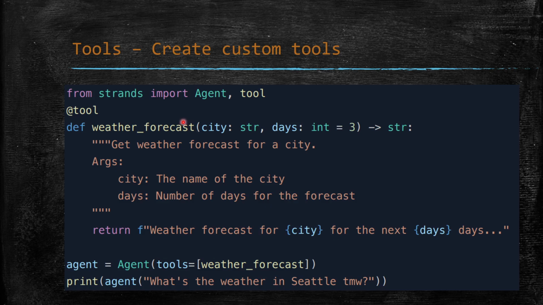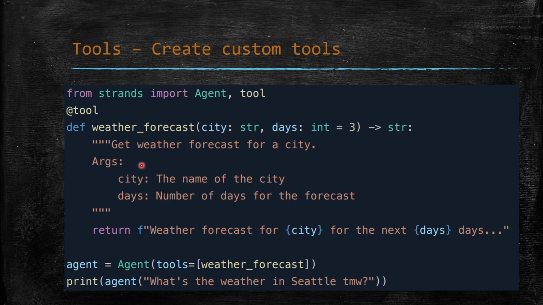Tools, this is very important, where you create the custom tools, right? As I mentioned previously, there are HTTP requests, which is a pre-built tool by Strands SDK, and there are hundreds and thousands of tools defined by Strands, right? But there are certain tools which are not there and which you want to build from scratch.